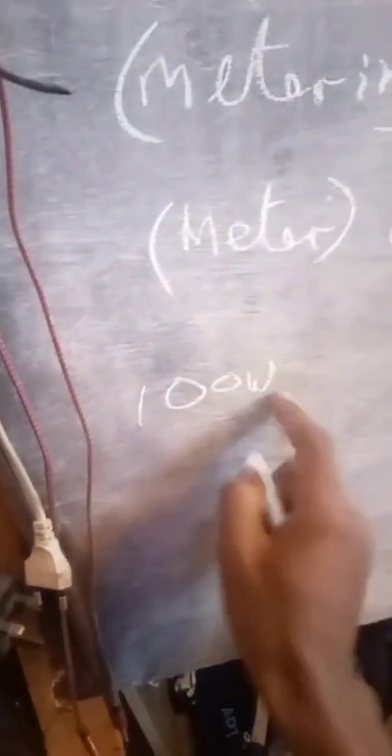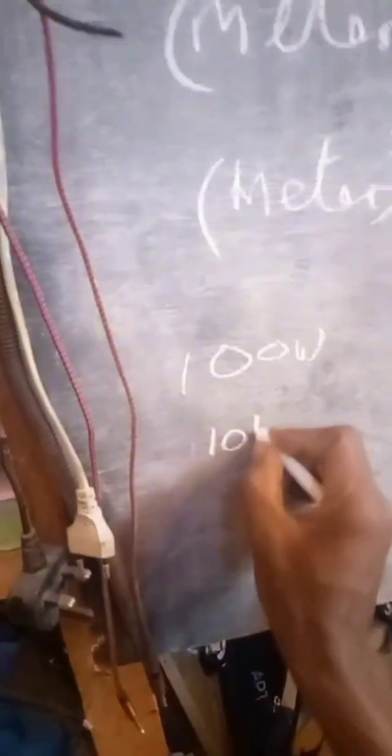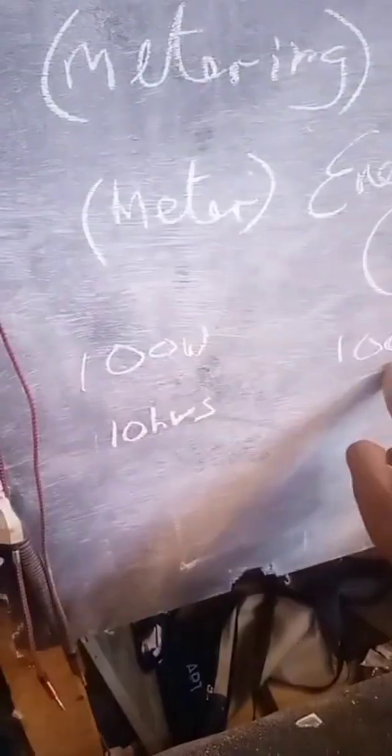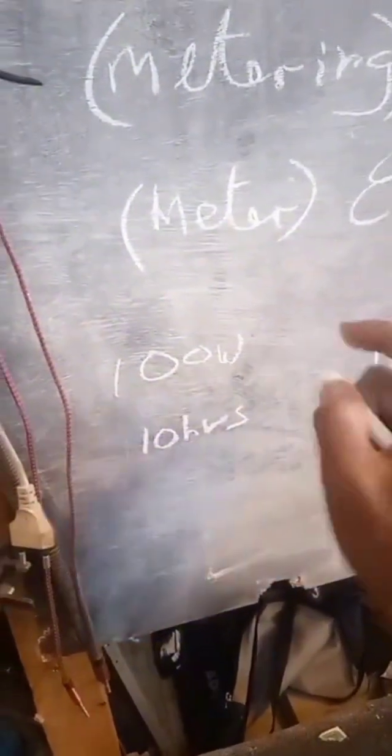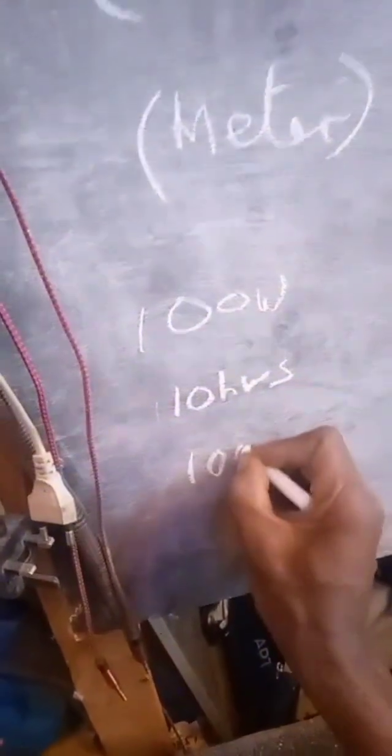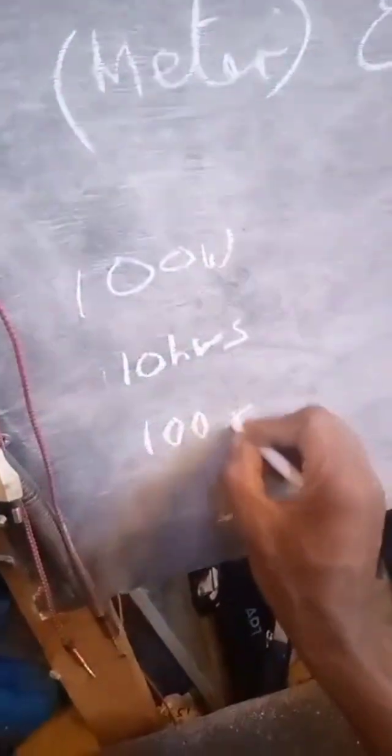So for example, let's say you are using 100 watts, it means you will require 10 hours to reach 1000 watt hours. So it's 100 watts times 10 hours, that gives you 1000 watt hours.